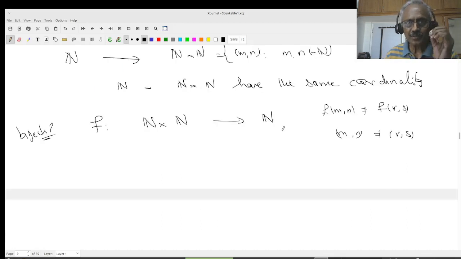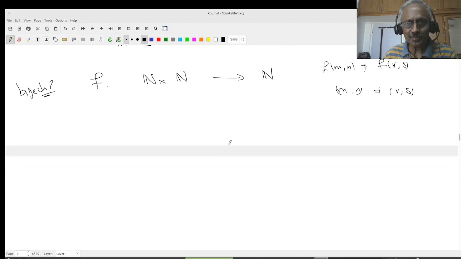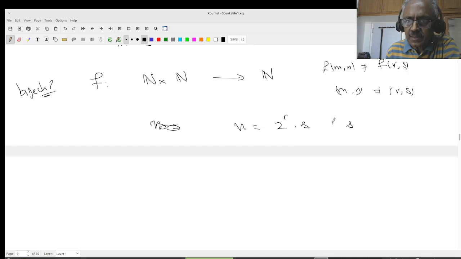This is where some basic ideas about number theory help us. Now suppose I start with any natural number n. Do you accept it? I can write it as 2 to the power r into some s, such that 2 does not divide s, that is, s is odd.